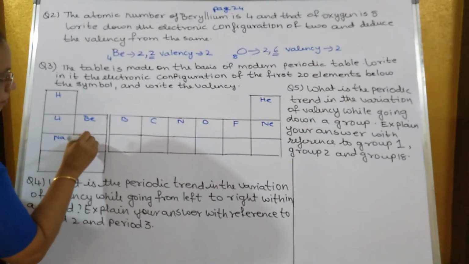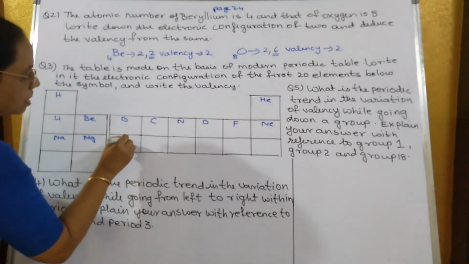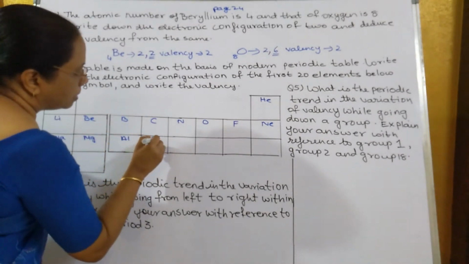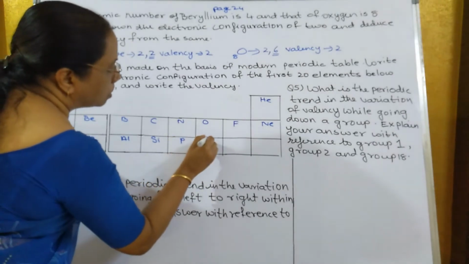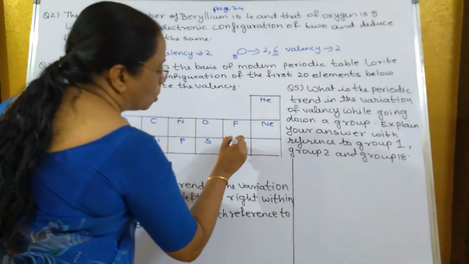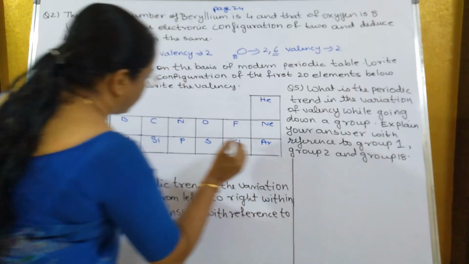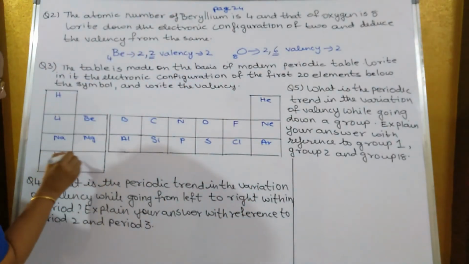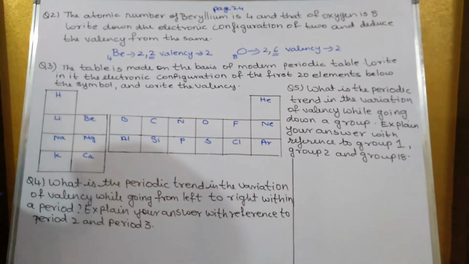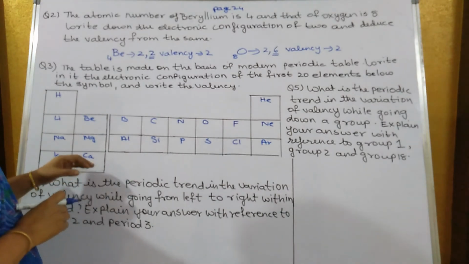Magnesium, always, sings, pop, songs. Clothes are kept casual. So this is how you are supposed to remember the names of the first 20 elements. Here in 10th standard you have to just remember the names up to the 20 elements only.